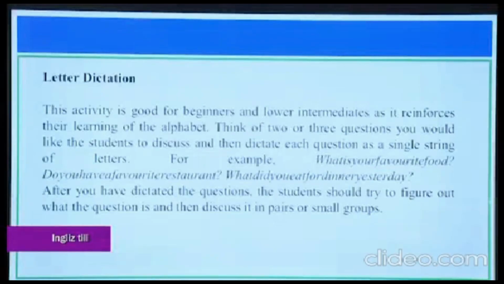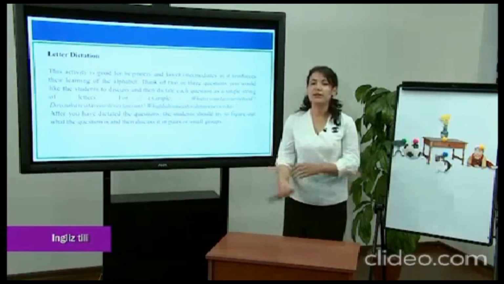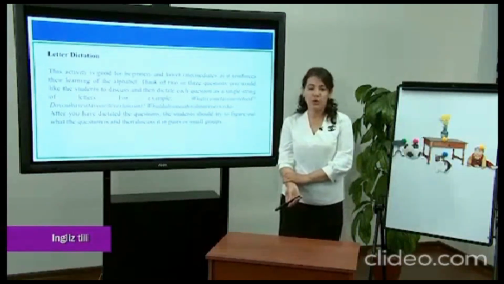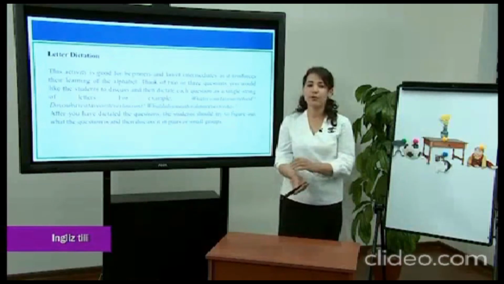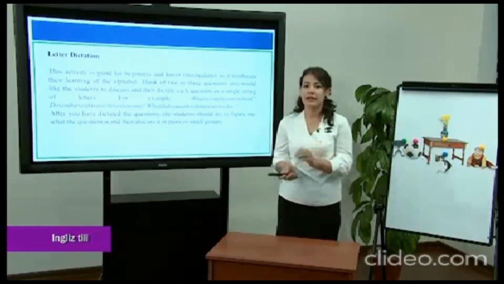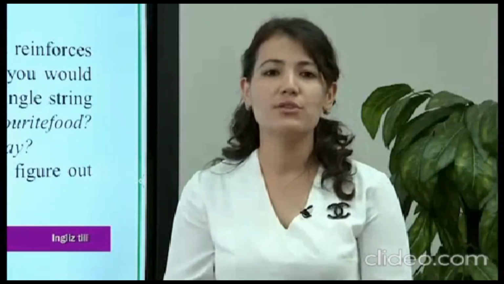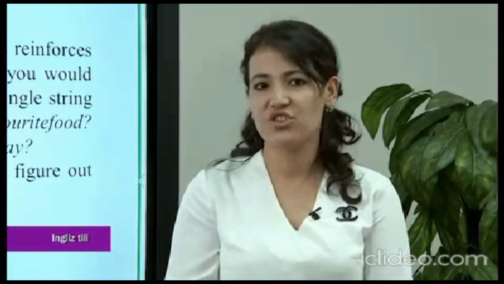The next type of dictation is called letter dictation, and this dictation is mostly used for beginners or lower intermediate students. You are going to teach some questions, and before giving the question as a whole, you will tell the letters one by one separately, and your students should find out what question it is.